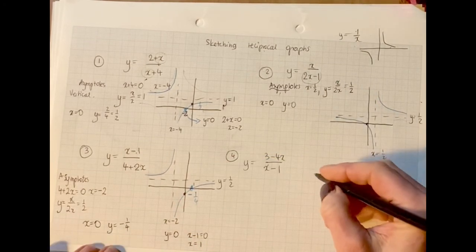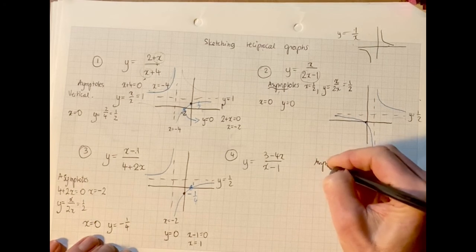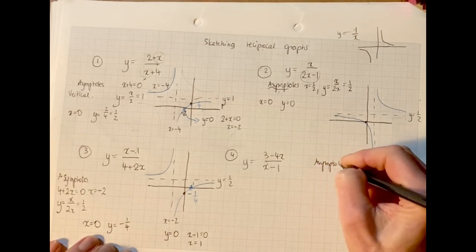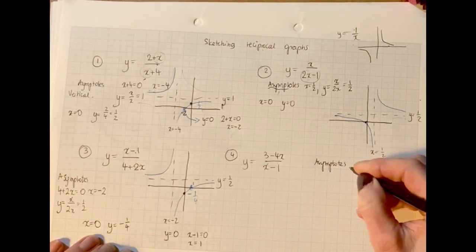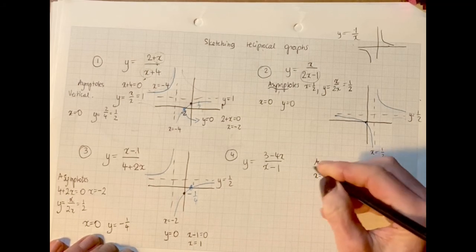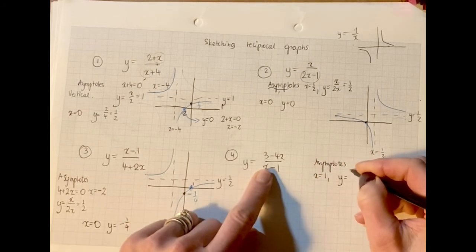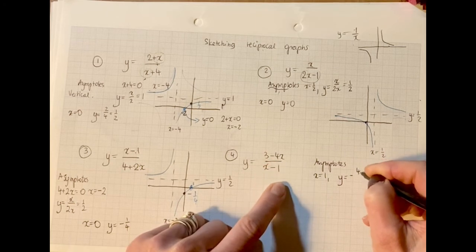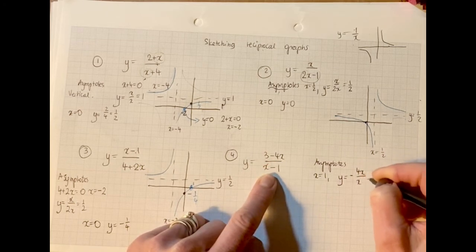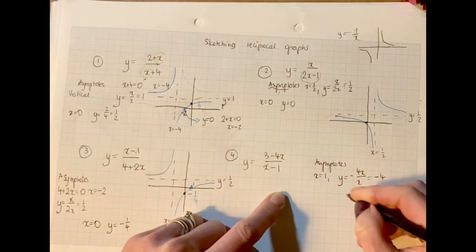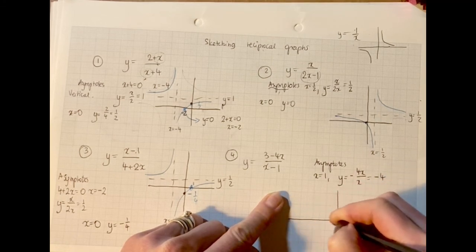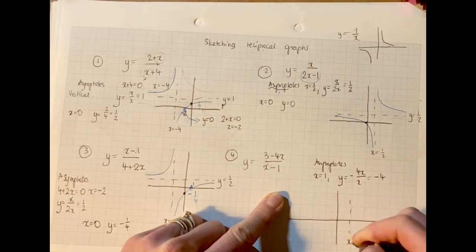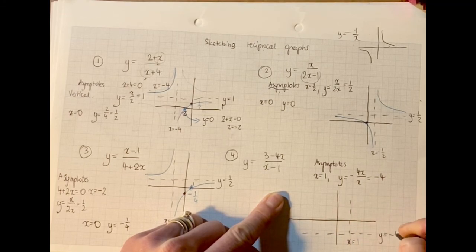Okay, so this one here, asymptotes. The denominator is equal to 0, so x is equal to 1, and then put y and just take the minus 4x from the top and x from the bottom, so you have minus 4. x is equal to 1 and y is equal to minus 4.